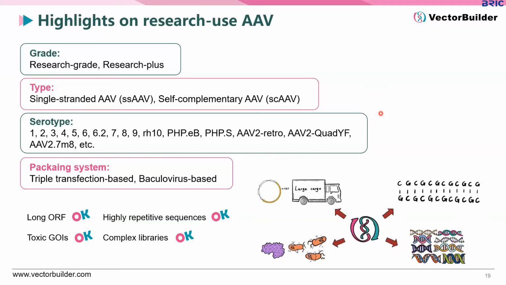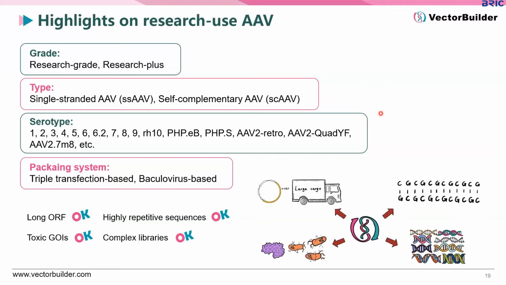About the packaging system, the traditional triple transfection-based approach or the baculovirus approach is also acceptable to us. We have experience dealing with long ORF packaging and large-cargo AAV vectors. We have also dealt with toxic GOIs that have shown negative impact on the cells, but we already have a mature platform to deal with that.